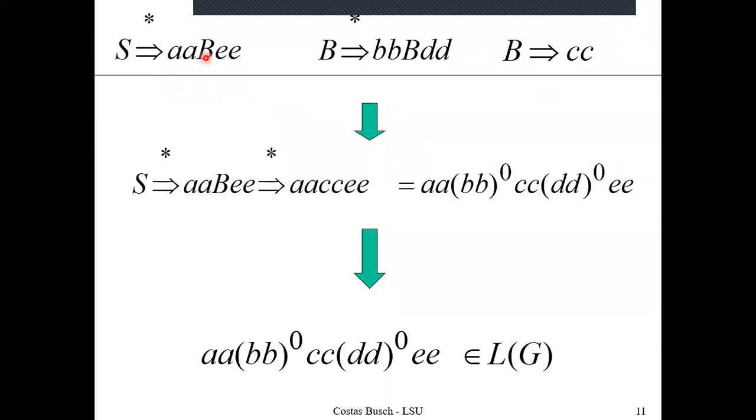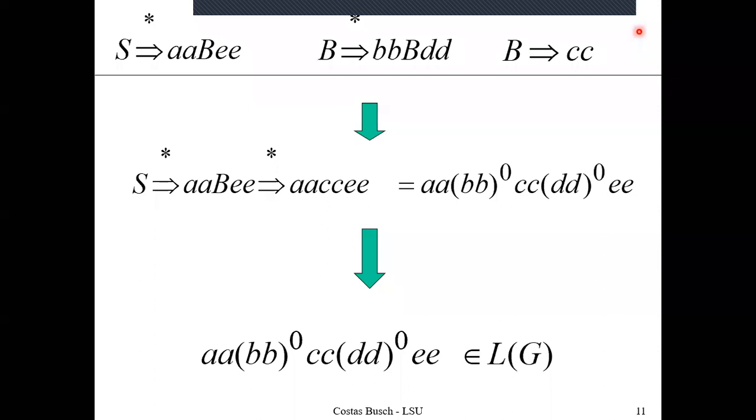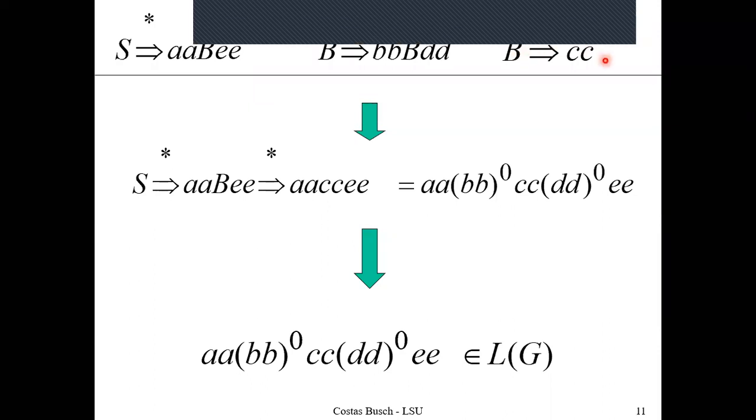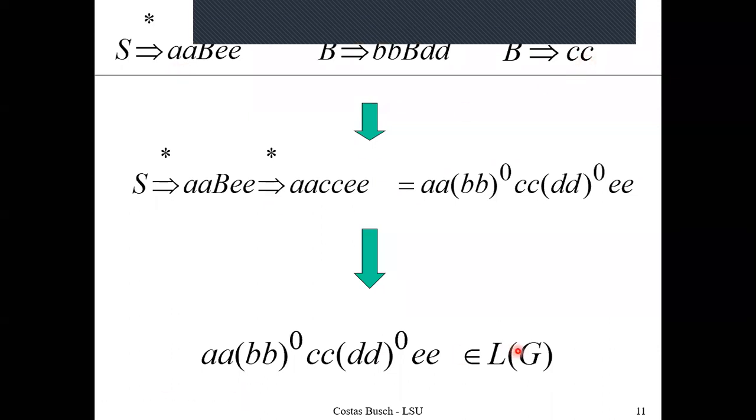Now I have two possibilities for replacing the variable b. I could either choose the sentential form b square b d square, or I could choose the replacement of b by the substring c square. So if I choose the replacement of the variable b by the second possibility, I get a new string.